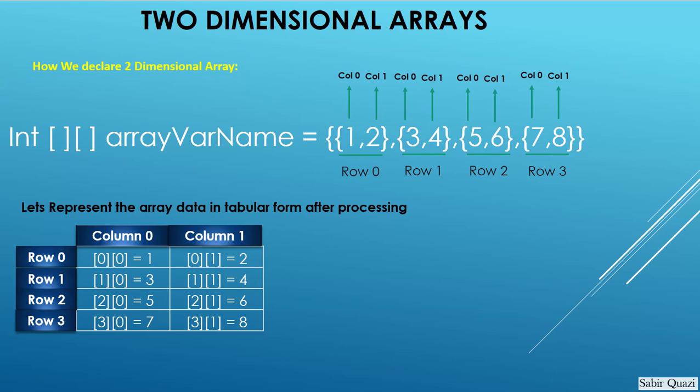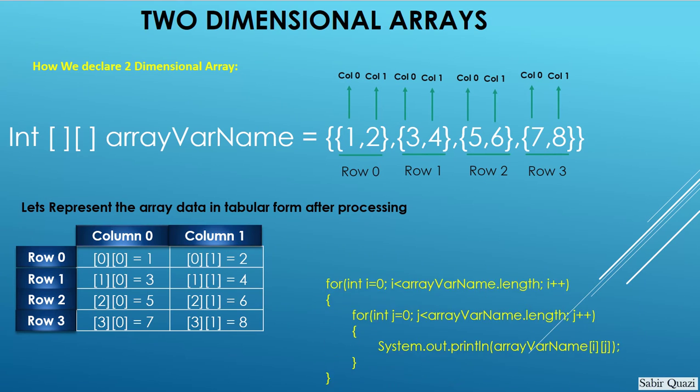We can see how the data from an array will look when processed and stored in a table, where A represents the array. We can access the elements of a two-dimensional array using two for loops. The outer loop represents the rows, the number of rows, and the inner loop represents the columns.